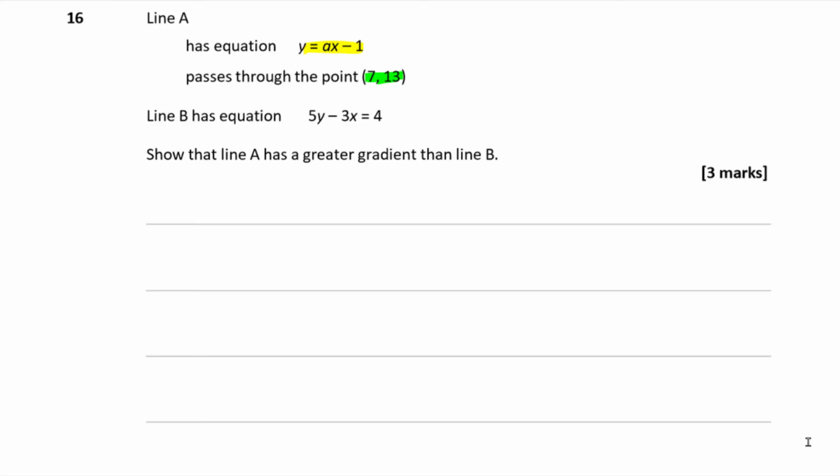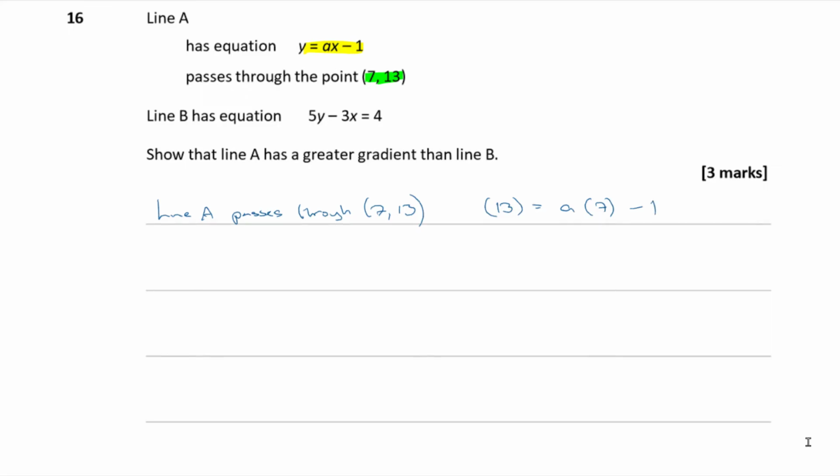So we know that line A passes through 7, 13. So subbing those into the equation, 13 is equal to a lots of 7 minus 1, then, isn't it? Subbing the 13 and the 7 in.